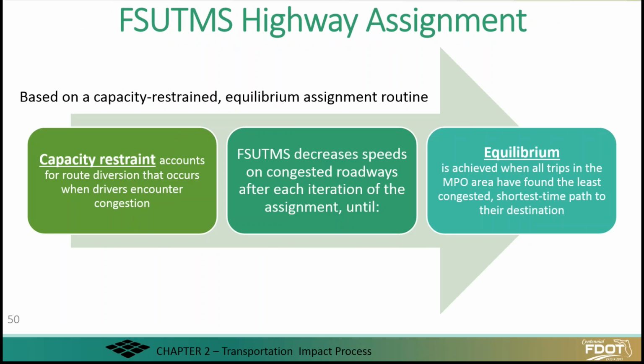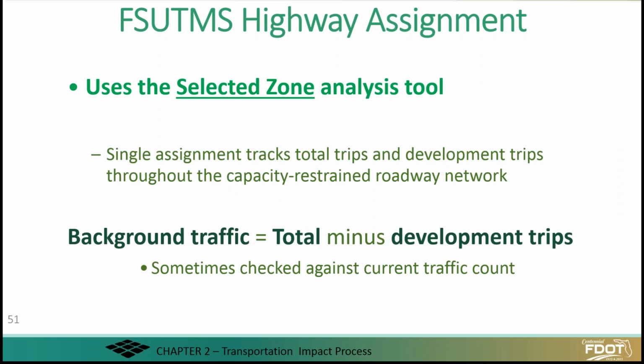What that means is that using the constraints of the capacity of the roadway network, FSUTMS will divert trips in response to congestion throughout the network until it achieves a state of equilibrium where no further adjustments on the network can be made in order to ensure that all travelers have as optimal a travel time as possible. This, in short, means that FSUTMS allows you to really take into account the effects of congestion when you're assigning your site trips onto the network.